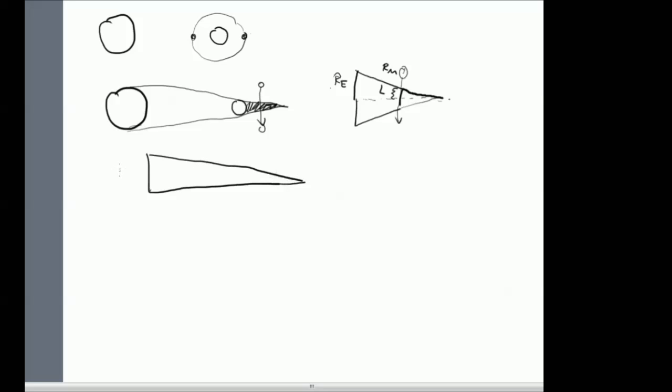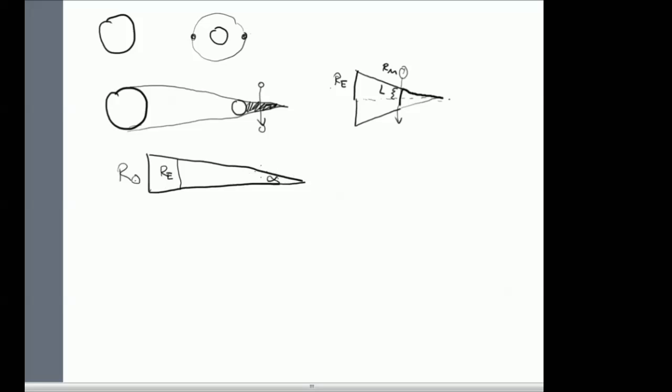So let's imagine this is the radius of the sun. And let's imagine this is the radius of the Earth. This is totally not to scale, but then there's two ways you can take advantage of this. The first thing is this angle over here, which I'm going to call alpha.